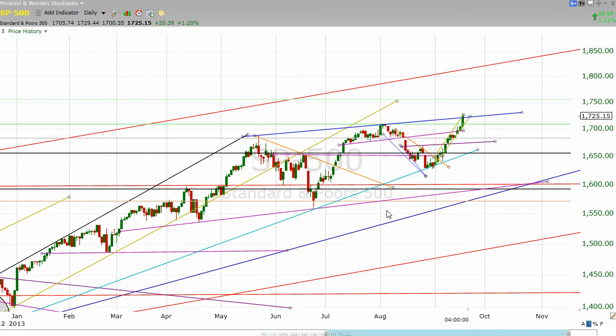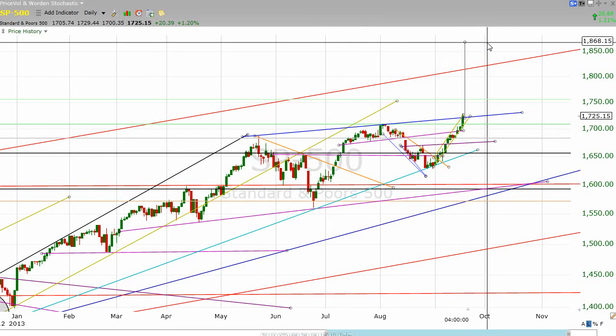Now here's the deal. If this is a breakout over a legitimate line of resistance, then we go back here and we measure our height, and if this breakout ends up being true, we're looking at a target of about 1868.